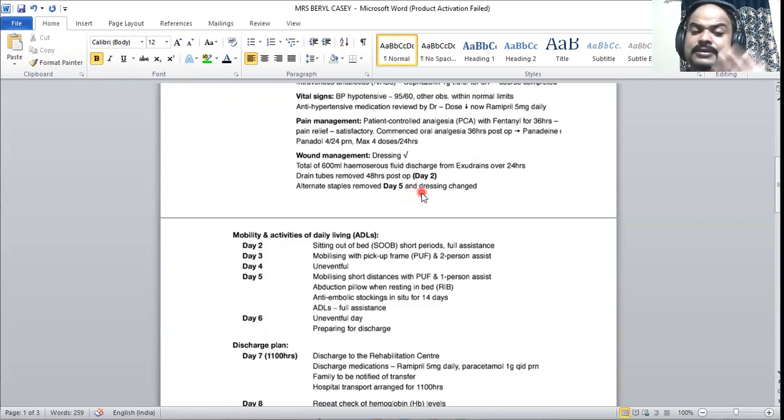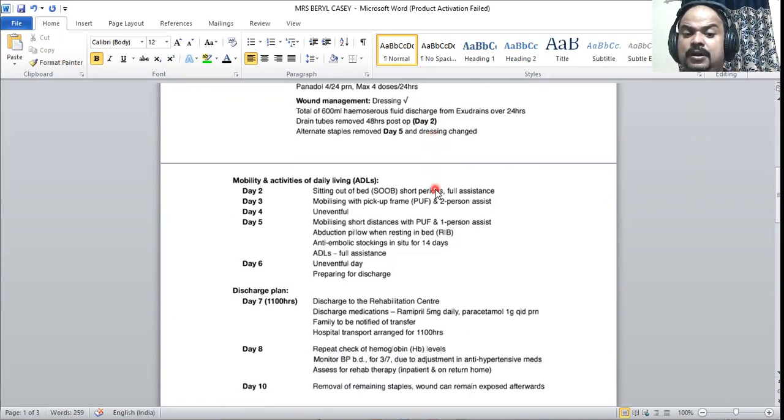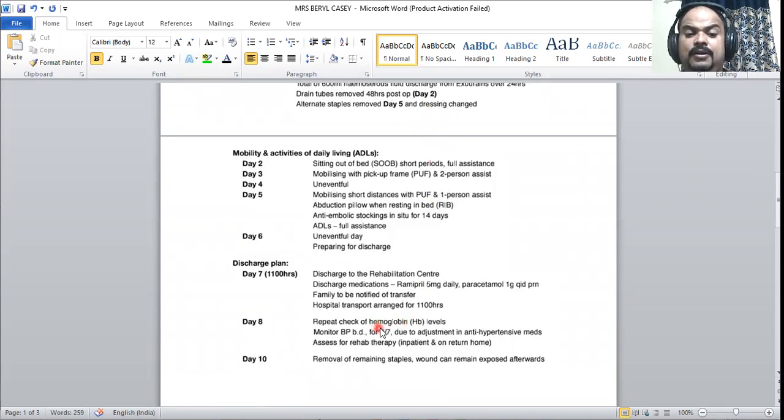So you have set segment number 1, medications, very clearly all the medications, because you are going to discharge. You have to say that there is some relation for hemoglobin, so you have to say that the pack cell is given. Yes, you need to constantly monitor the HB level. You need to monitor the BP. So ramipril, it is mentioned there.